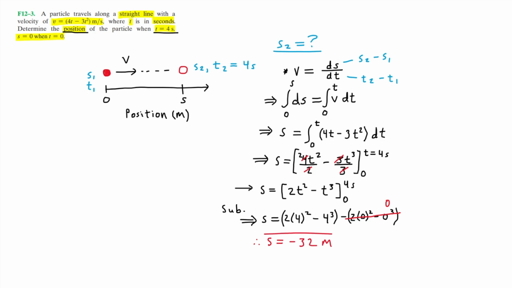So therefore, s is simply equal to negative 32 meters. And since the negative here just indicates that the particle is to the left of the starting position, if we assume to the right as our positive x direction, we can also just indicate this as 32 meters with an arrow pointing to the left.